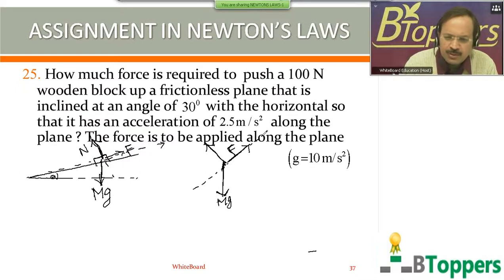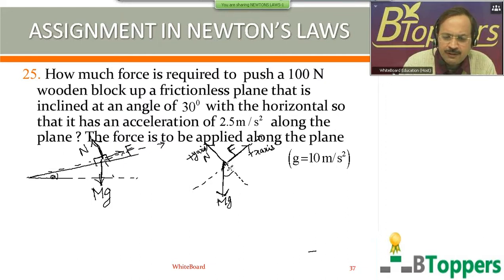So I choose the direction of the motion of the block up along the inclined plane as positive direction of x-axis. Direction perpendicular to the inclined plane as y-axis. The line of action of the weight mg and the line of action of normal reaction are produced.